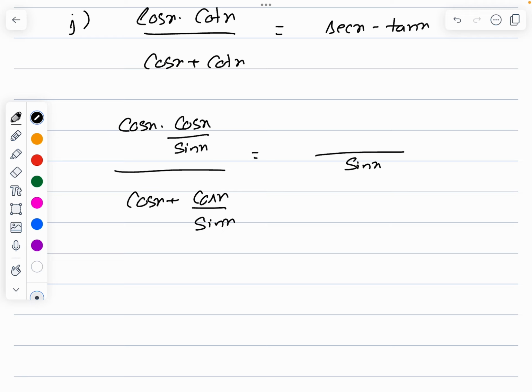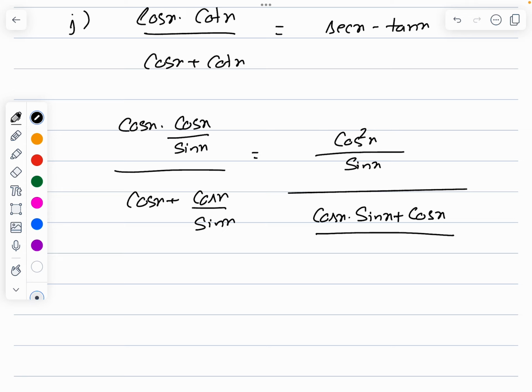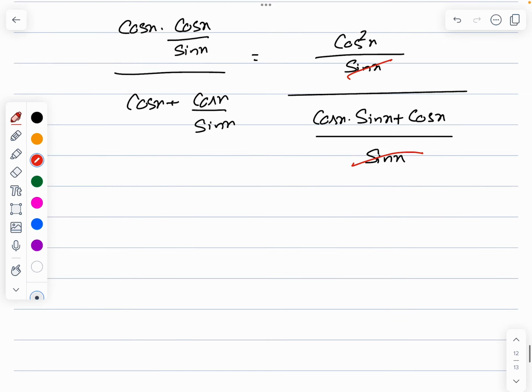It is sin x times cos square x divided by cos x times sin x plus cos x divided by sin x. Now we can see sin x cancels. So what am I left over with? Cos square x divided by cos x sin x plus cos x.